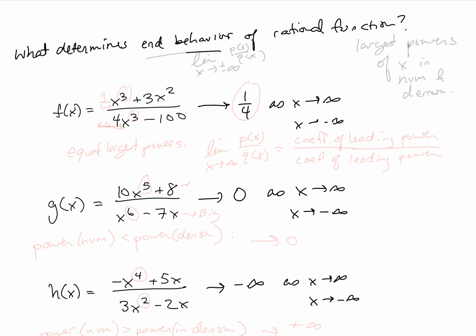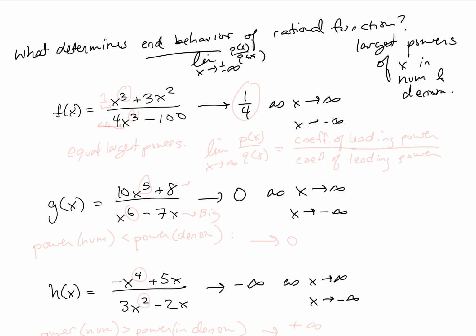When I say end behavior, what I mean is the limit as x goes towards positive or negative infinity of p of x over q of x, some rational function. What is the main thing guiding that? It's going to be the largest powers of x in the numerator and denominator.